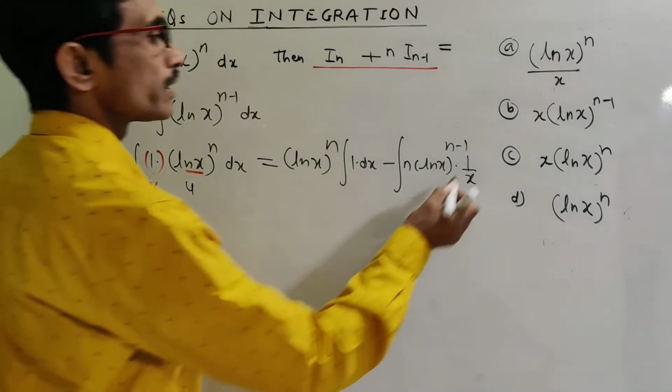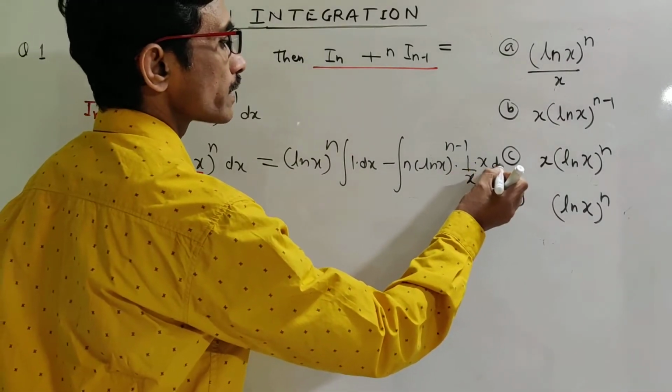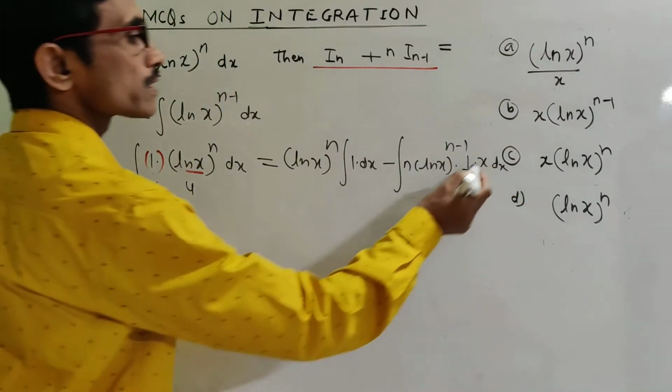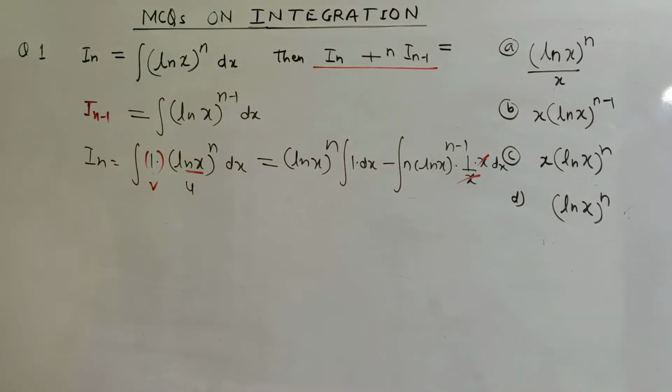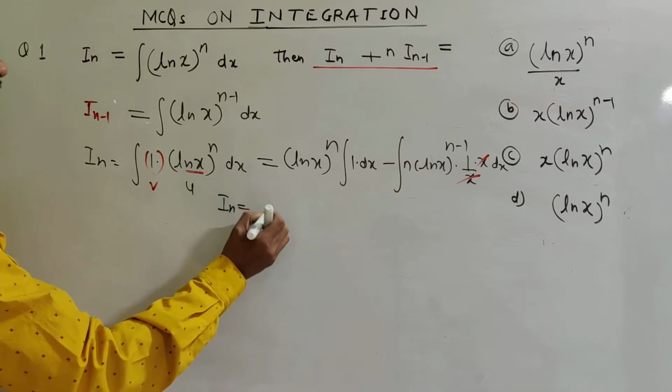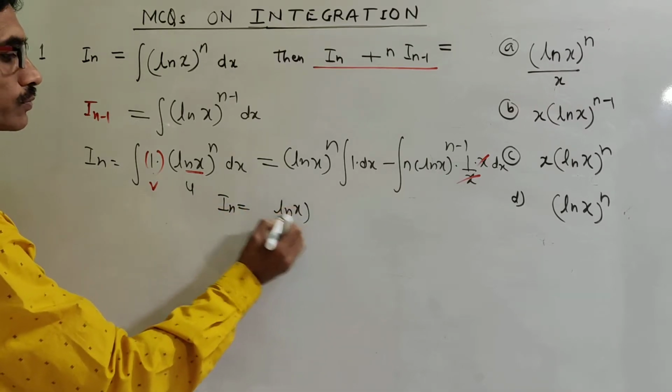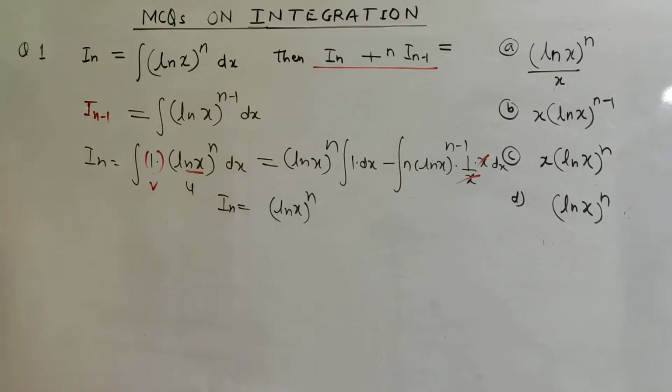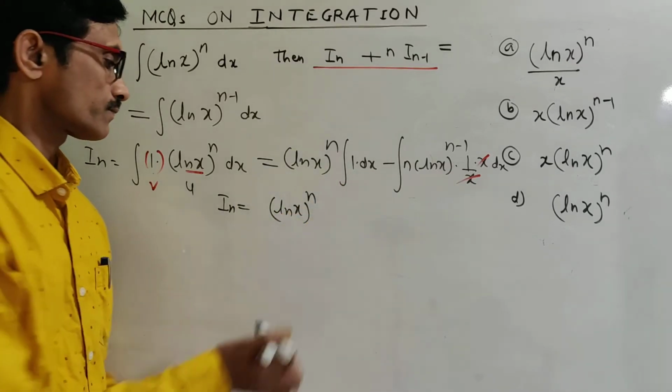So the integration of 1 is x dx, so this x will get cancelled, and here we are getting I_n is equal to (log x) raised to power n and the integral of 1 dx, that is x.